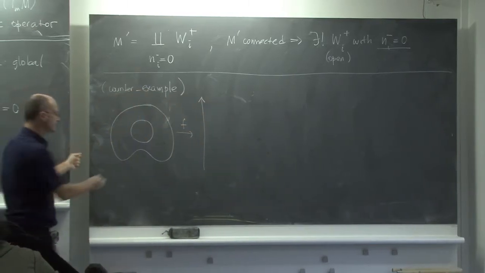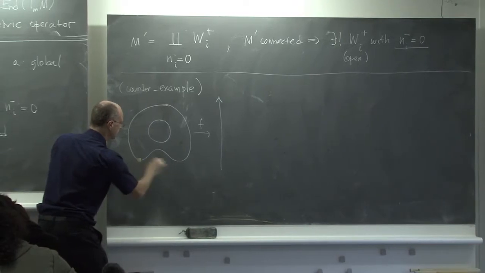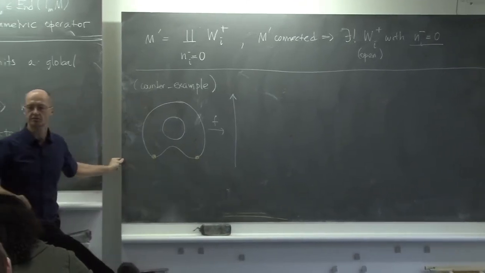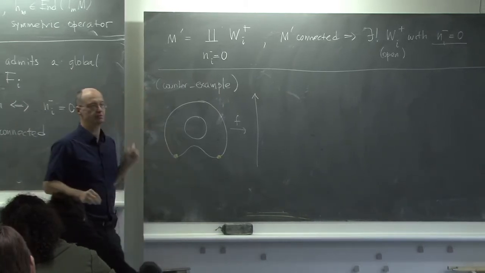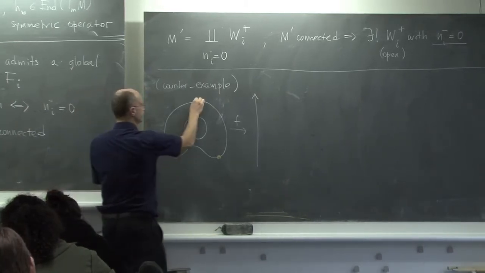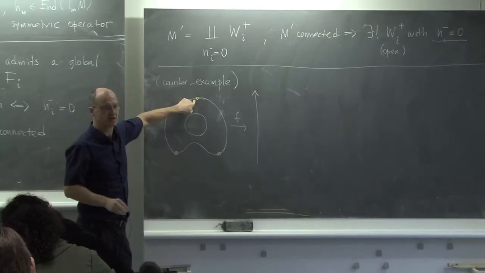Now this one does have two local minima. So what do the stable manifolds look like here? The stable manifold of this one is just itself.